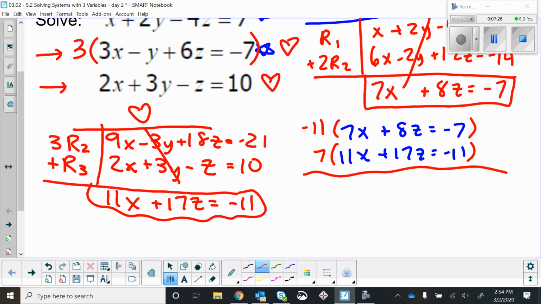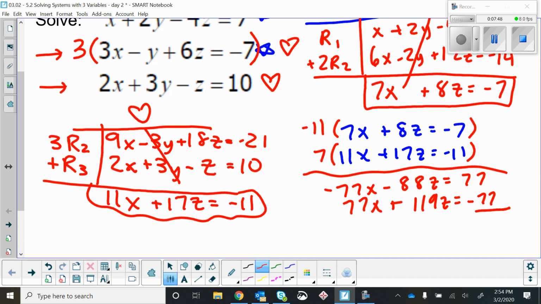Right? Because I'm canceling the x's. So this gives me negative 77x minus 88z equals positive 77. And then 77x plus 10 times 7 is 70 plus 49, 119 equals negative 77.